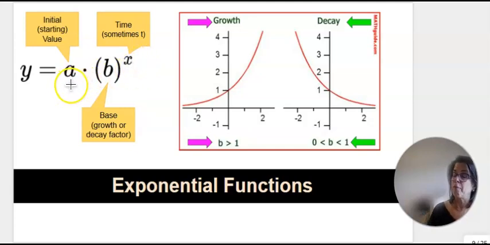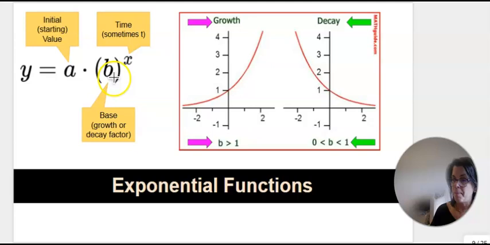A, the number in front, so not the base, not the exponent, but a number in the beginning being multiplied to the base with the exponent, is called the initial value, sometimes starting value. And that will also be your y-intercept when you graph this function. So that's really convenient to know.